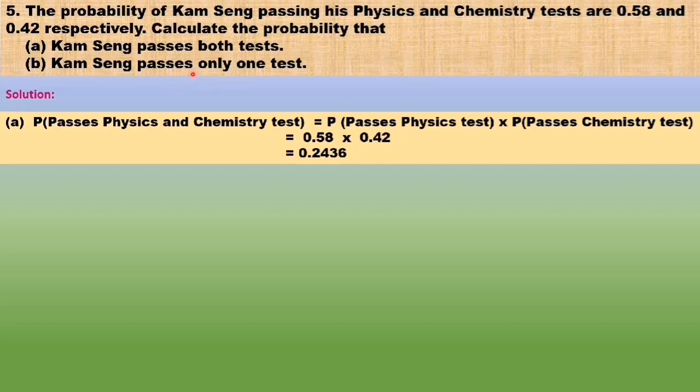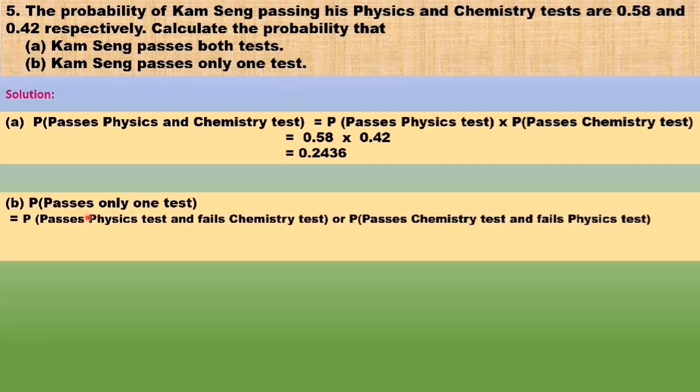B. Kamsen passes only one test. If he passes only one test, maybe he passed the physics test and failed the chemistry test, or he passes the chemistry test and fails the physics test.